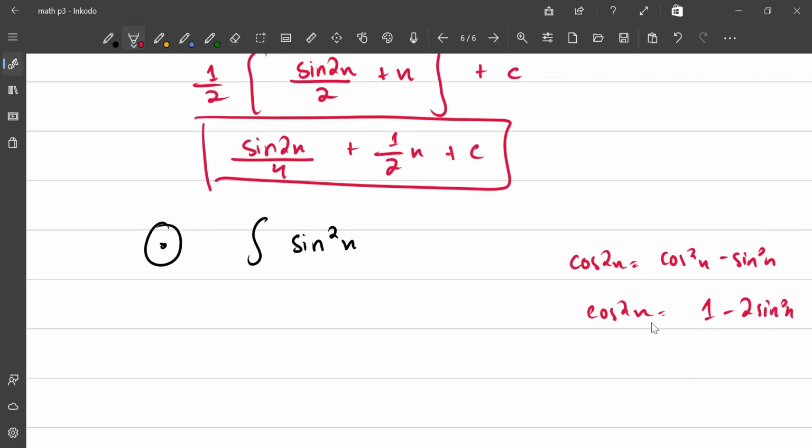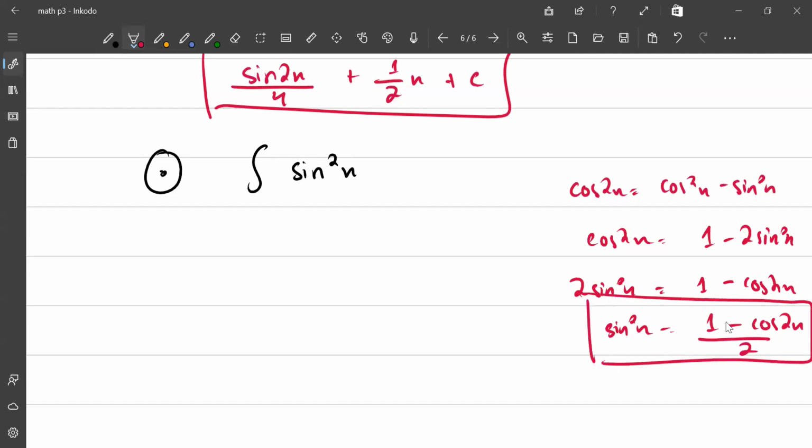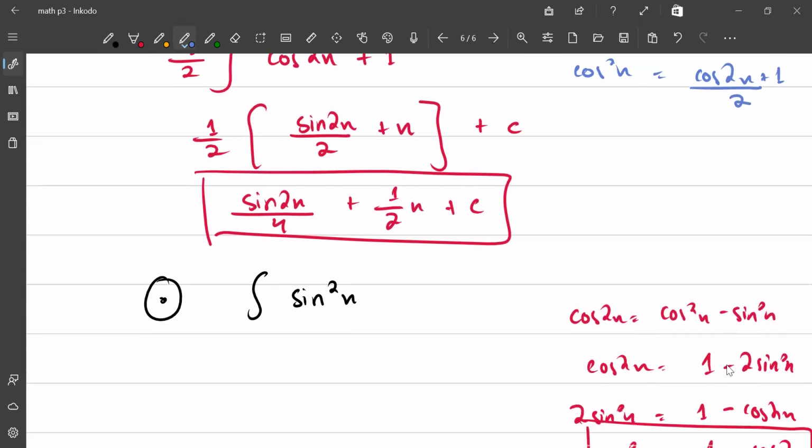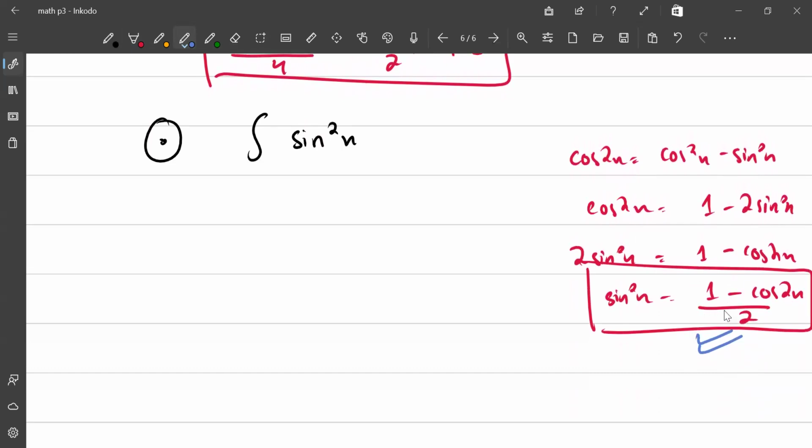By rearranging this in the same manner, 2 sine square x is equal to 1 minus cos 2x, and sine square x would be 1 minus cos 2x upon 2. So this is what you are going to integrate. I'm sure you can do this yourself. Try this out yourself.